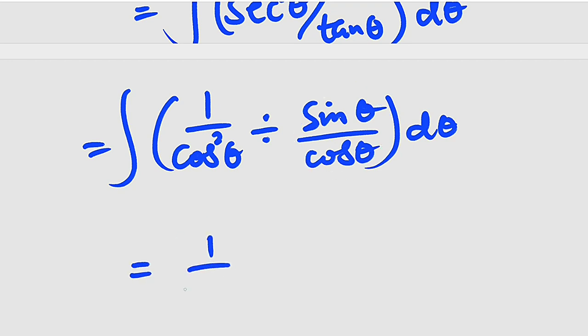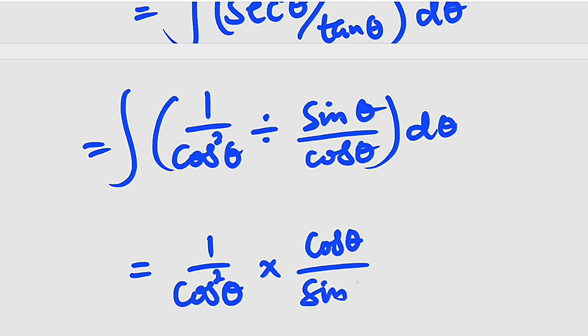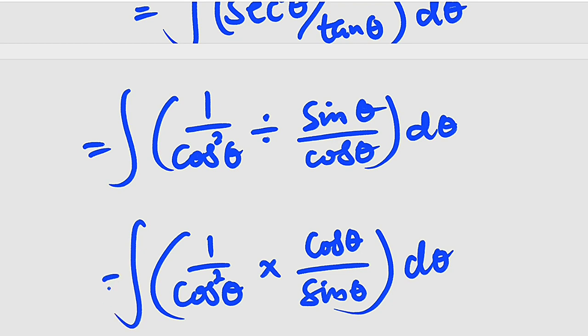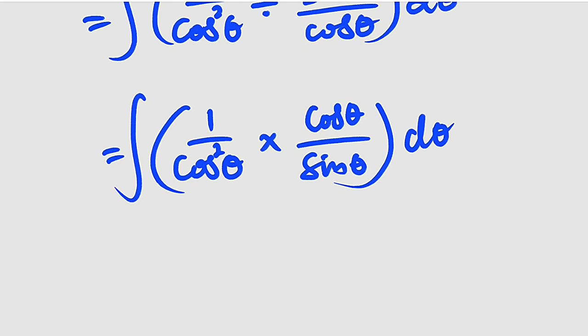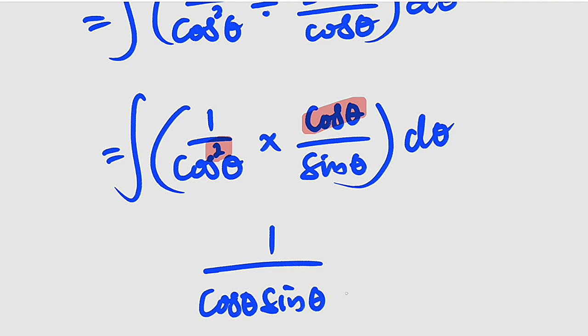So we have 1 divided by cosine squared theta multiplied by cos theta divided by sine theta with respect to theta. Gradually we are simplifying. We have not started integrating yet. So from here, cosine will divide cosine squared theta one time. So what do we have? We have 1 over cos theta sine theta with respect to theta.